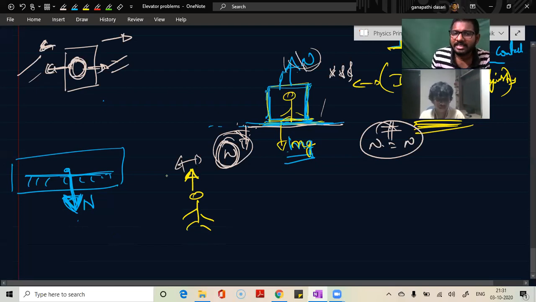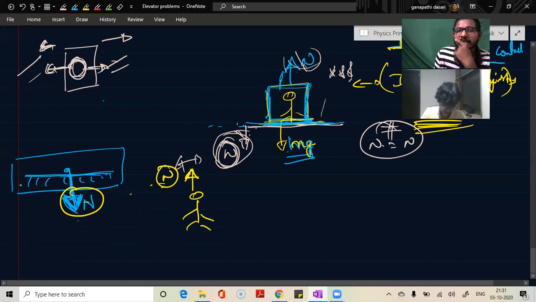This normal and this normal are acting on two different bodies. If they were acting on the same body, then we could say so. Like this 5 kg block is there.